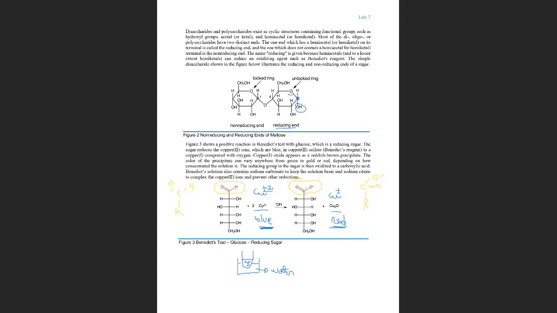But one more thing, the Benedict solution also contains sodium carbonate to keep the solution basic and sodium citrate to complex the copper-2 ions and prevent other reductions. Because we have a basic solution, they are drawing the carboxylic acid group as this one.